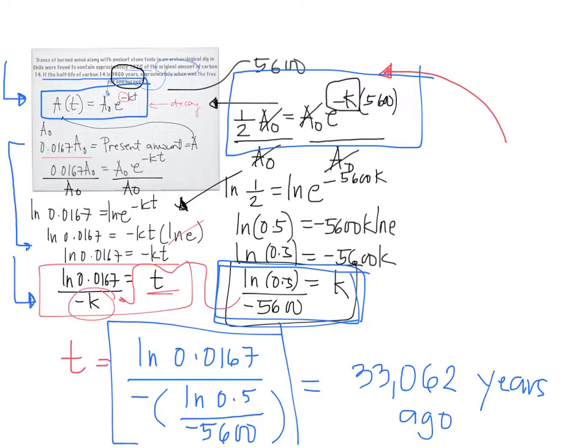Now, after getting k, we went back to t, and to find the number of years, we simply substituted the value for k in the equation of t. So that's how you solve a half-life problem.